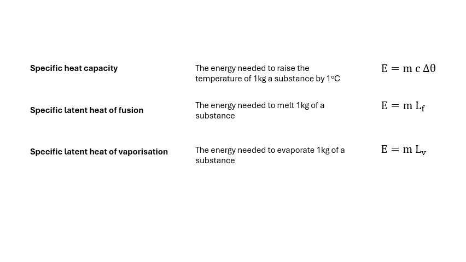Now, thermal properties, there are 3 of them that we need to know. You've got your specific heat capacity, you've got your specific latent heat of fusion, and specific latent heat of vaporization. Specific means per kilogram, okay? Specific heat capacity, the energy needed to raise the temperature of a kilogram by 1 degree centigrade, or 1 Kelvin, because it's the difference, you're raising the temperature.